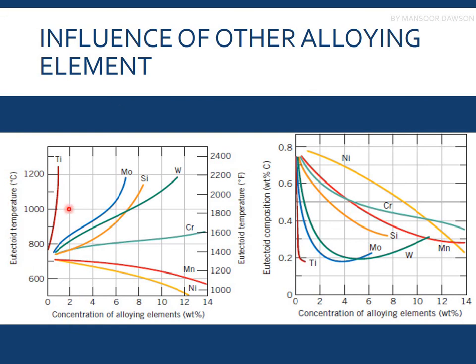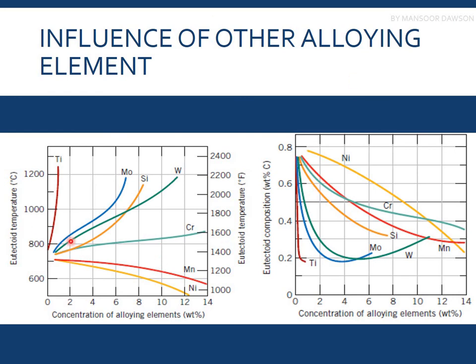If we add around 1% of titanium, you can see that the eutectoid temperature is going up to around 1200 or 1250 degrees centigrade. And if you're adding chromium, manganese or nickel, you can see that it reduces the eutectoid temperature.